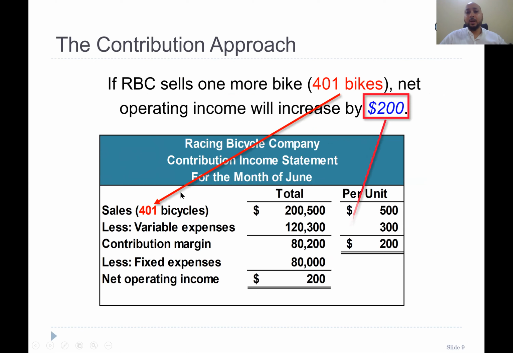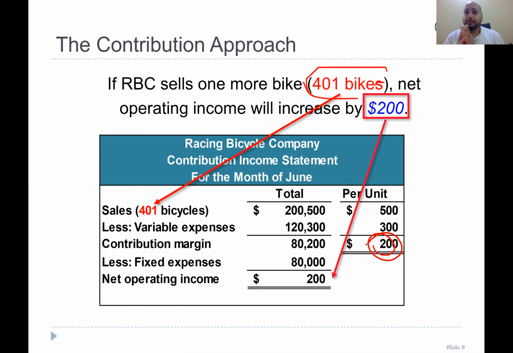Okay, so now how we use this contribution margin approach in a matter of seconds to find out what would be our profit. So we know that our break-even point is 400 bikes, right? So in selling one bike, we are earning 200 contribution margin, right?